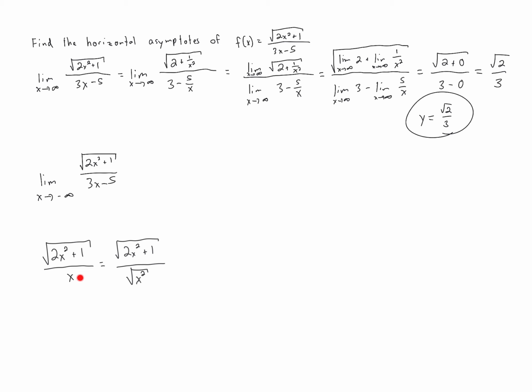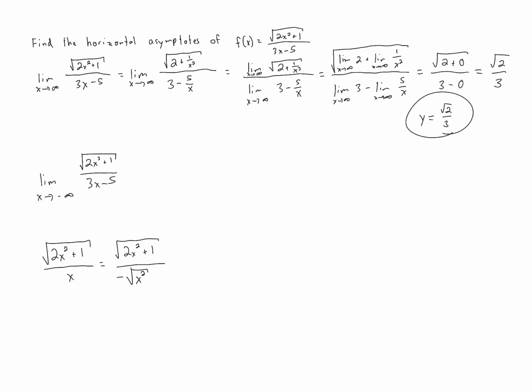So this ends up being negative, but if we leave it like this, that is a positive number because the square root symbol by itself automatically gives us the positive square root. So to recognize that the denominator is a negative number, we need to put a negative outside of there.